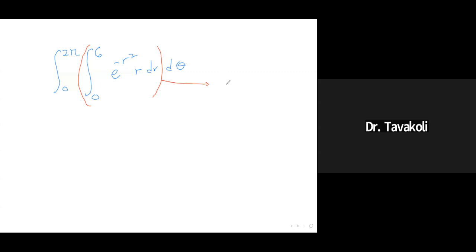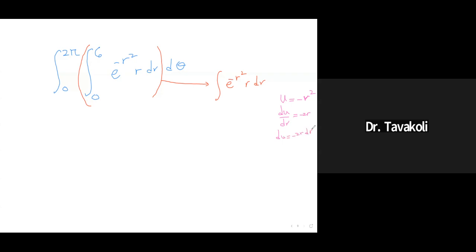The integral of e to the minus r squared times r dr. To do this, I can use a substitution, something similar to things you have seen in Calc 2. Let u be minus r squared, and the derivative of u with respect to r is minus 2r. So du is minus 2r dr.